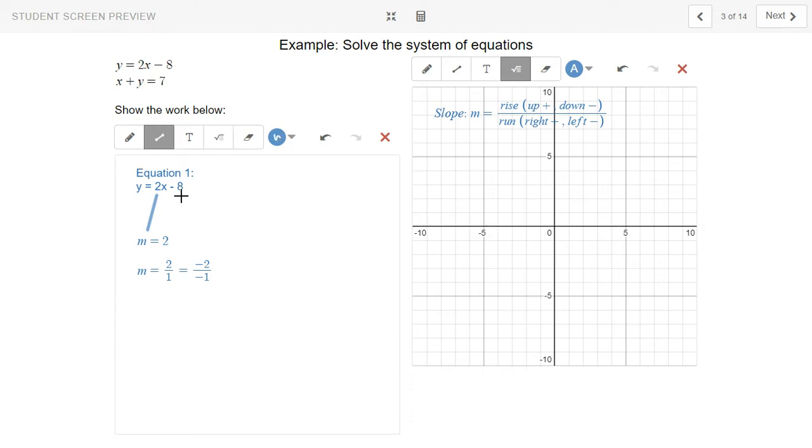Our y-intercept is b, and in this case, b is negative 8. I'm going to put a little note here. Our note will say, this means that we have a rise up of 2, and we're going to go to the right by 1.